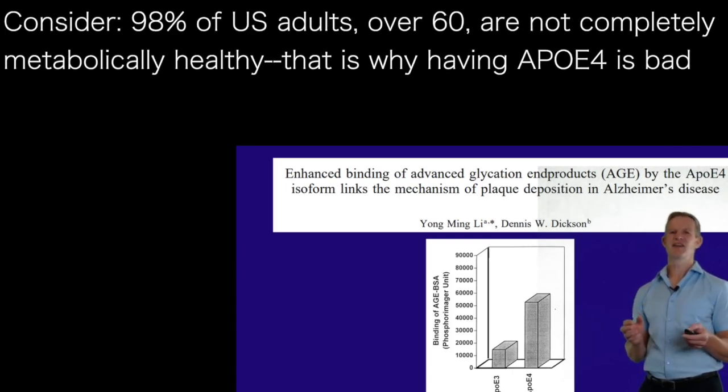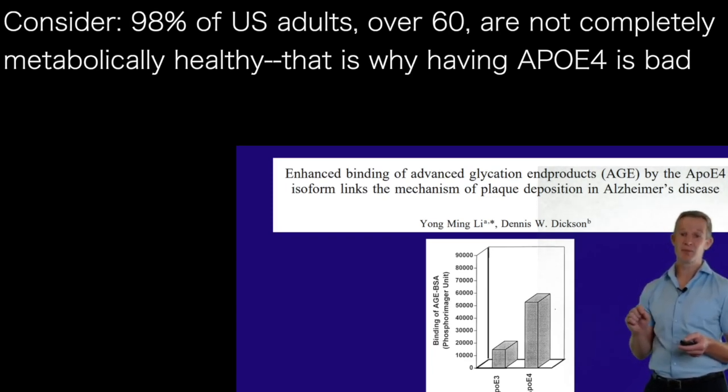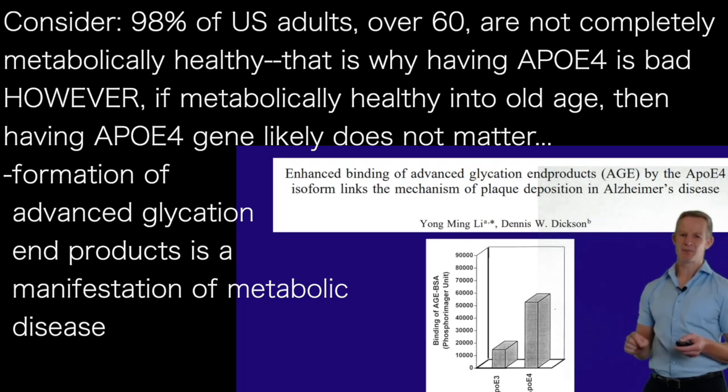And when you consider that about 98% of US adults over the age of 60 are not completely metabolically healthy, you can see why having the APOE4 gene might not be such a good thing. The thing is, if you are metabolically healthy into old age, then having the APOE4 variant likely doesn't matter. The formation of advanced glycated end products is a manifestation of metabolic disease.